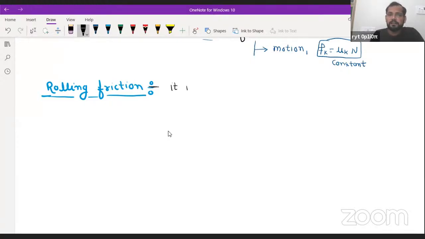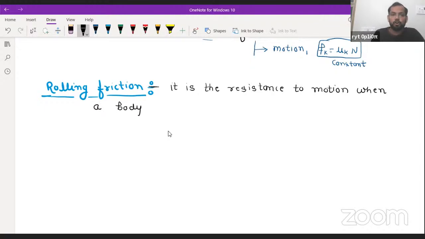So what is the rolling friction? It is the resistance to motion when a body rolls over the surface.